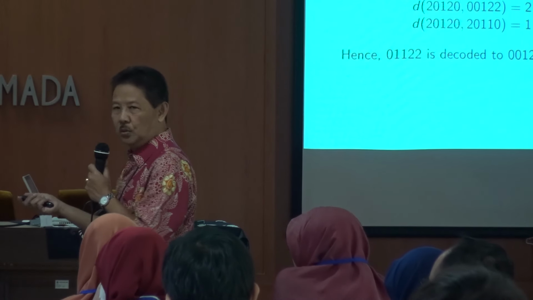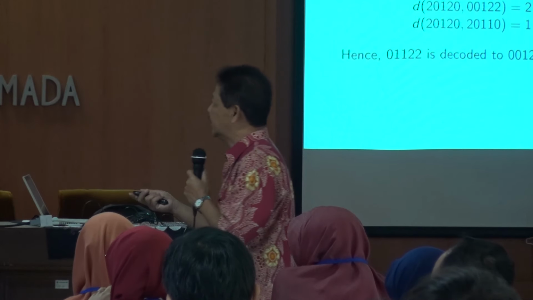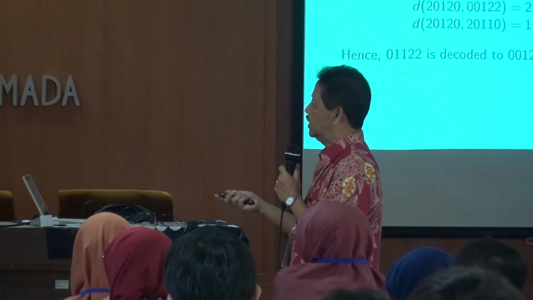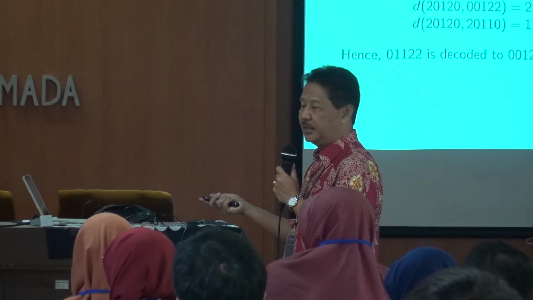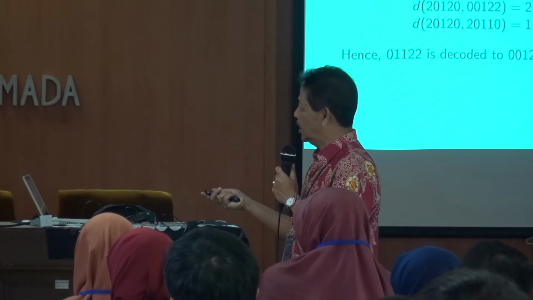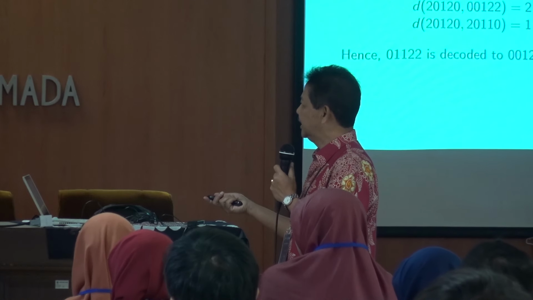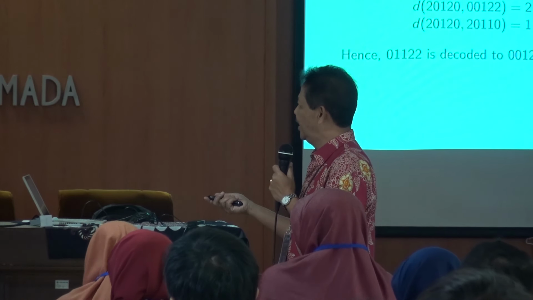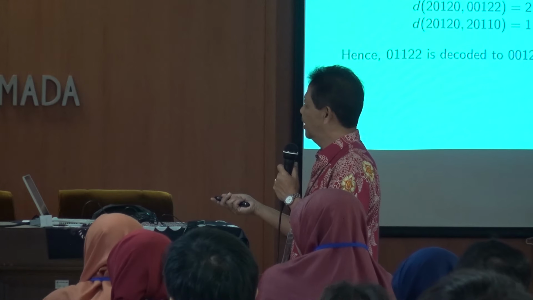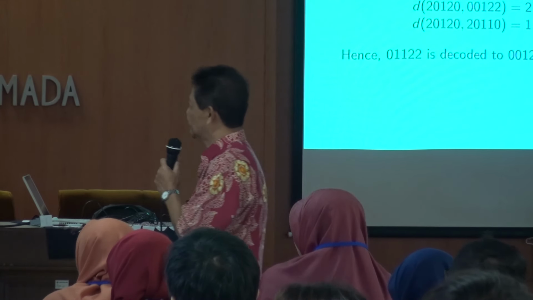How do we decode this vector? First of all, we find the distance between this vector and all the codewords. The distances are 1, 5, 4, and 5.